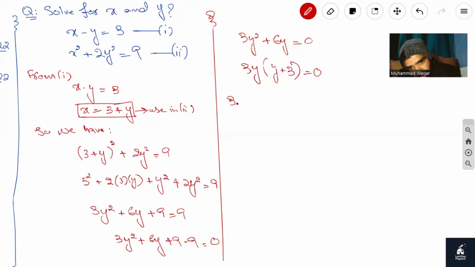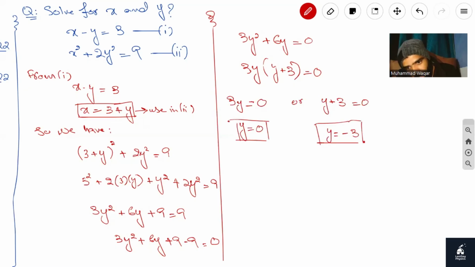Either 3y equals 0 or y plus 3 equals 0. From here, you get y equals 0, and from here, you get y equals minus 3. Now, if you have two values of y, you would definitely have two values of x as well.